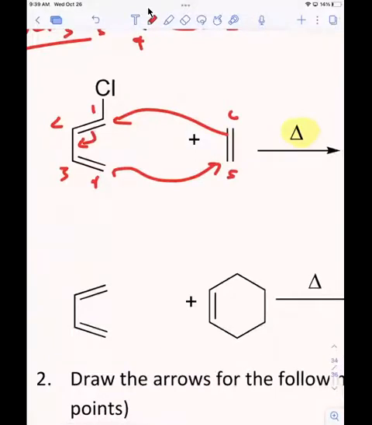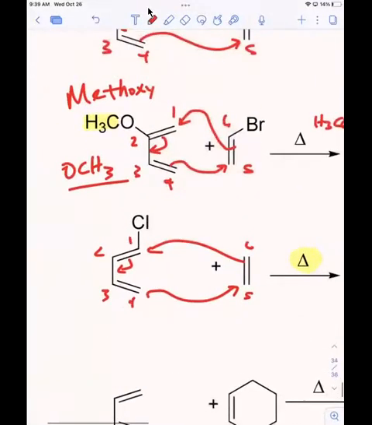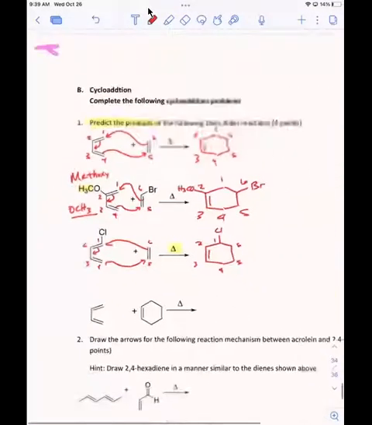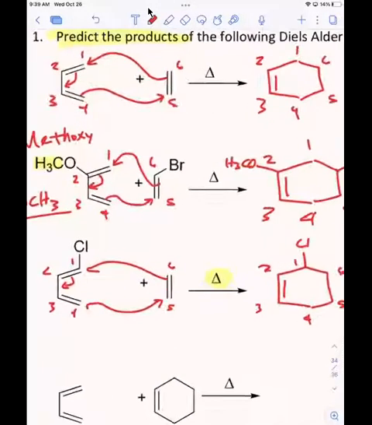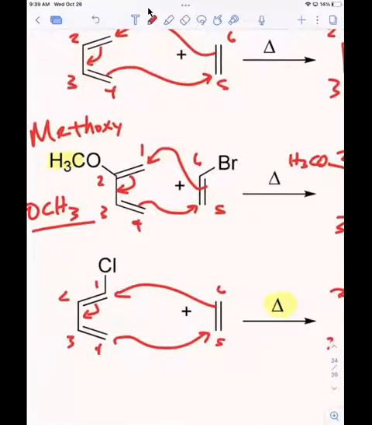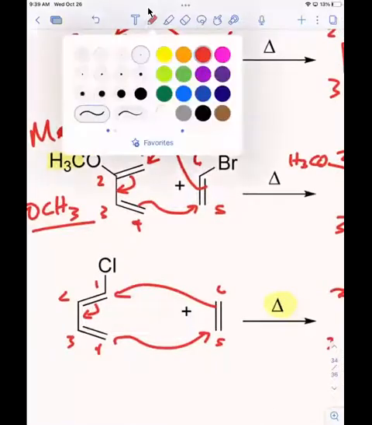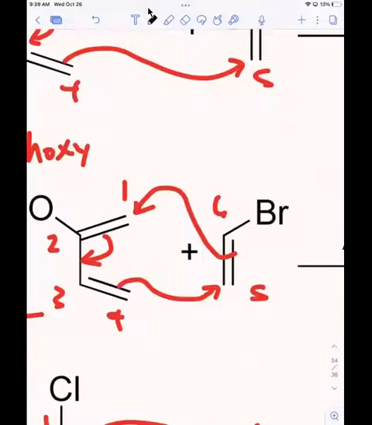All right. Now, let me go back to this top example because there's another couple of pieces of information I want to give you in that top example. So here, that methoxy is actually a donor. It's an electron donor.